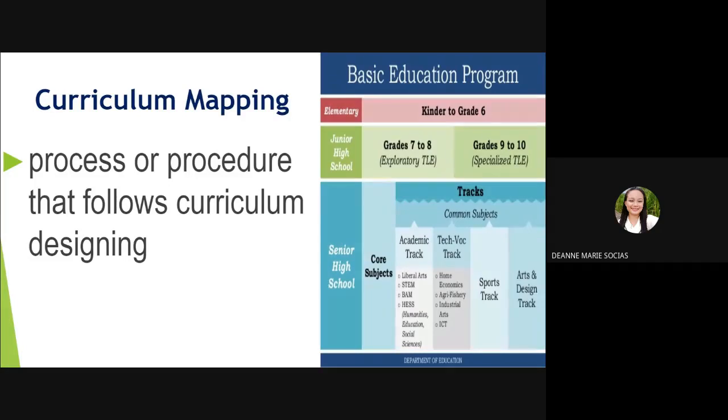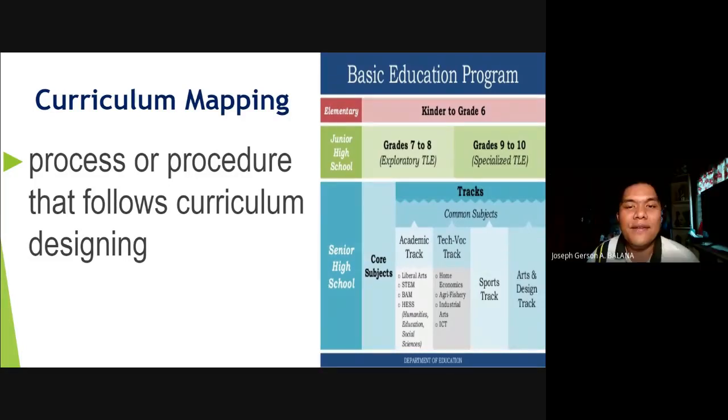I think that's all, sir. Okay, thank you so much. Yes, it's about getting it right to the delivery of the curriculum so that everything that is actually planned in the framework will be parallel and aligned towards the learner's end or towards instruction.